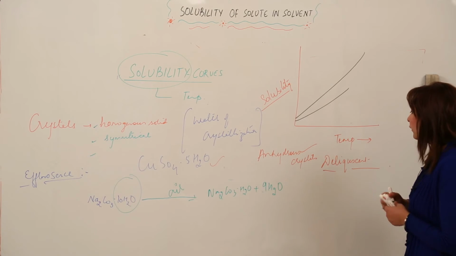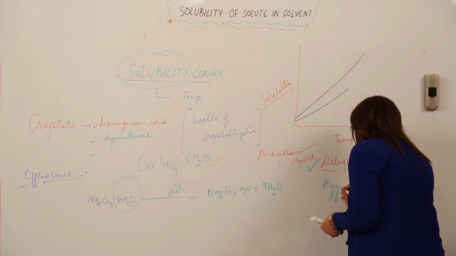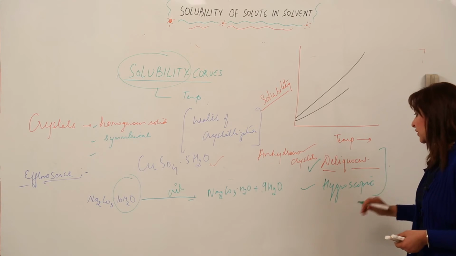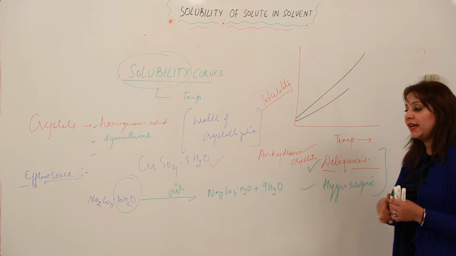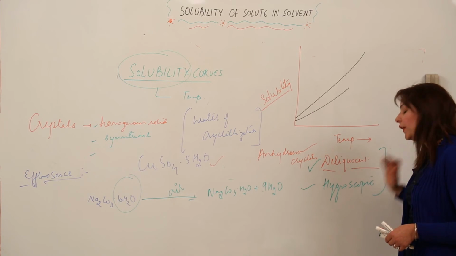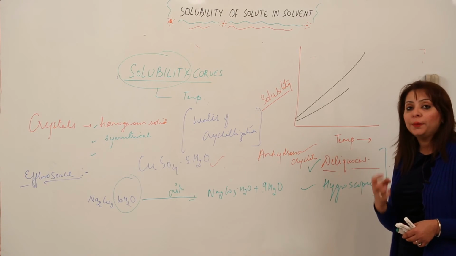We have one more term, that is hygroscopic. What is the difference between these two terms? In both cases, when the substance is exposed to air, it absorbs moisture. Whether it is deliquescent or hygroscopic, in both cases the substance absorbs moisture.